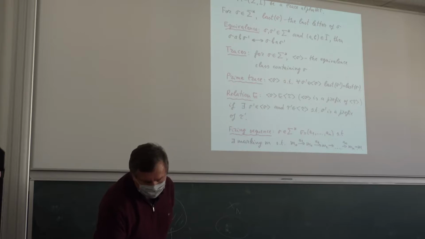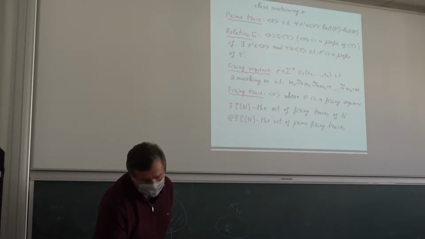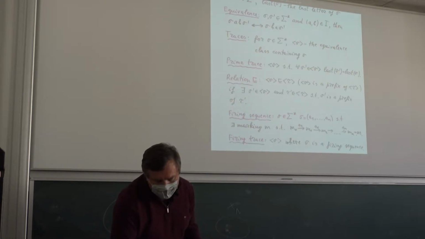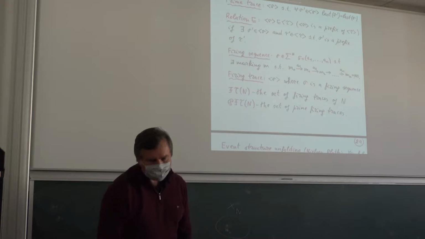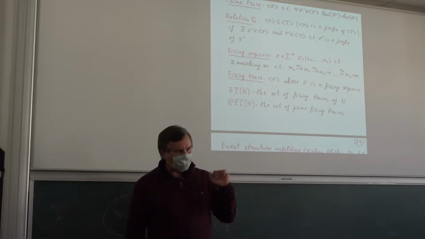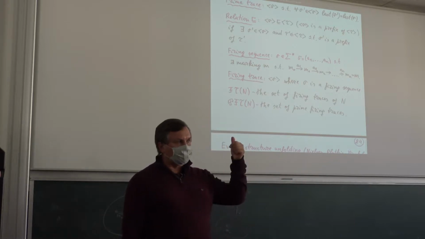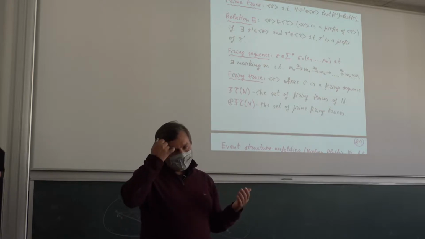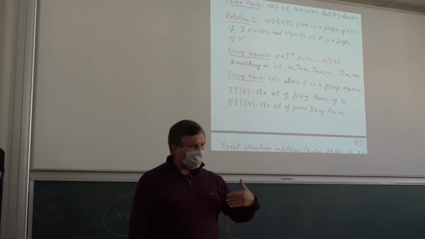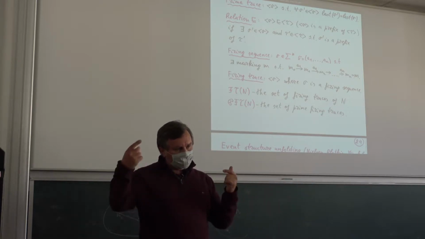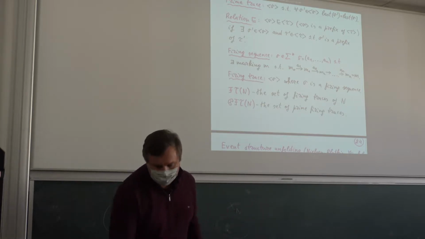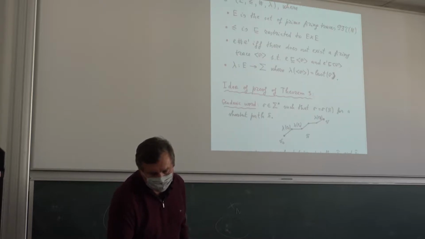Prime firing traces: I defined the prime traces, and this was a general definition, but if I look now at a one-safe Petri net, I have the independence alphabet as defined above, and with respect to this independence alphabet, the words are the firing sequences, and I consider the prime firing traces, and they are the events of the unfolding in Nielsen and Plotkin.